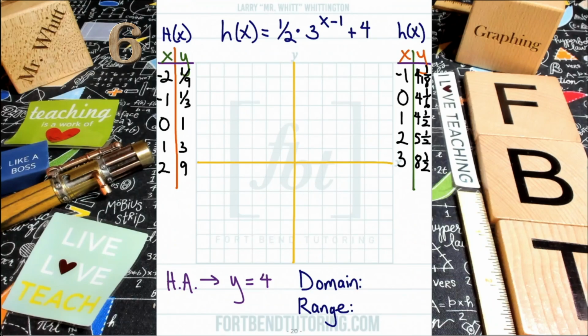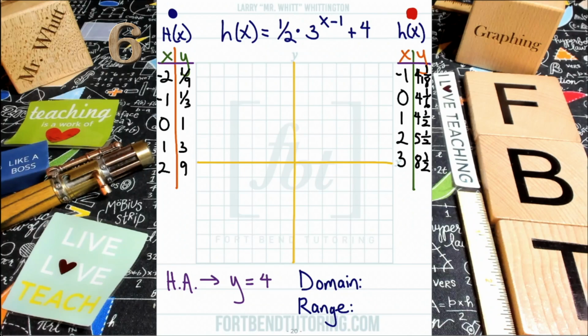Let's come up with a color for both of these. We're going to graph our h of x, the parent function, using blue. For the graph of the new h of x, we'll use red. There we go. So these are going to be the colors that we use for each one on our graph here, guys.